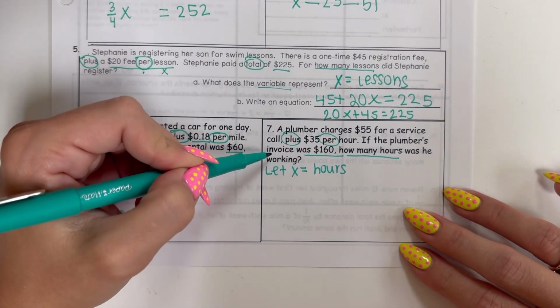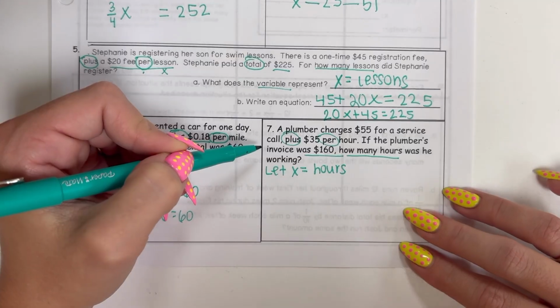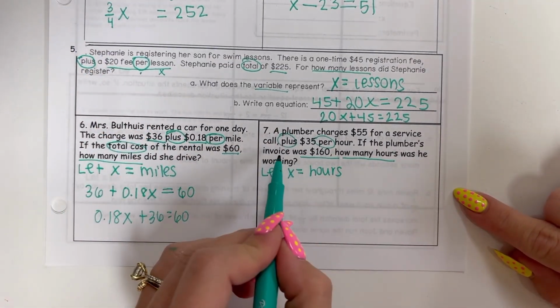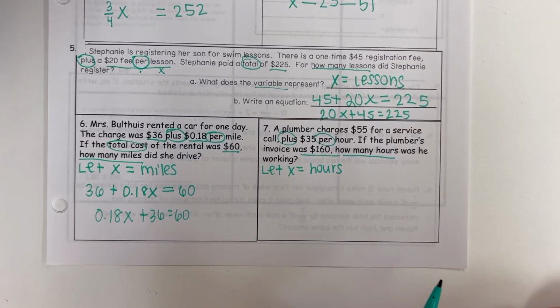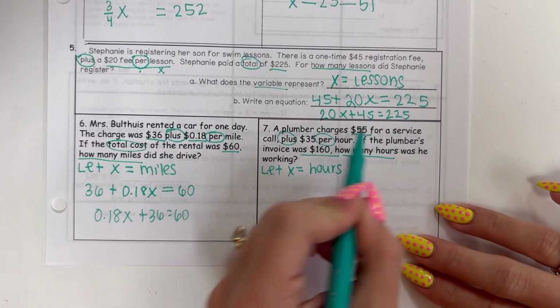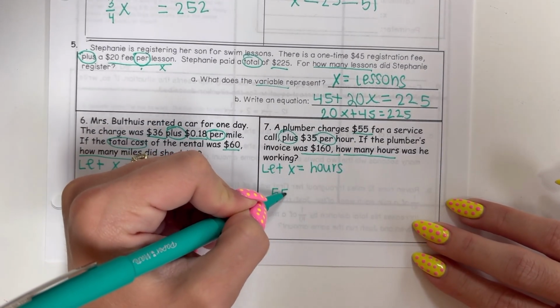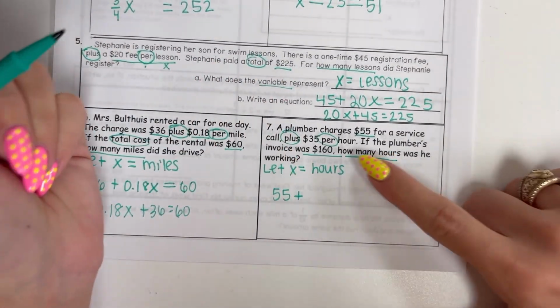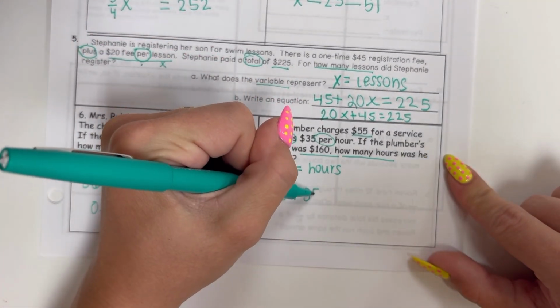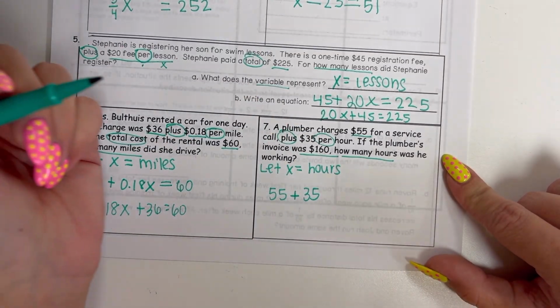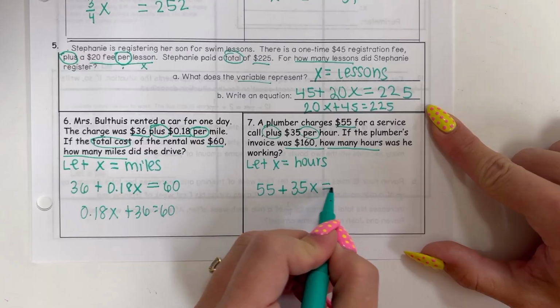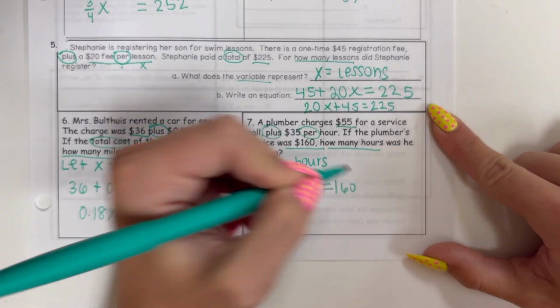Now that word invoice, that just means like the total you have to pay, like your total bill. So the plumber's total was $160. So again, you have to pay $55. You can start with that. Plus, you also have to pay $35 per hour. So $35 for each hour, which is x, to give you that total bill of $160.